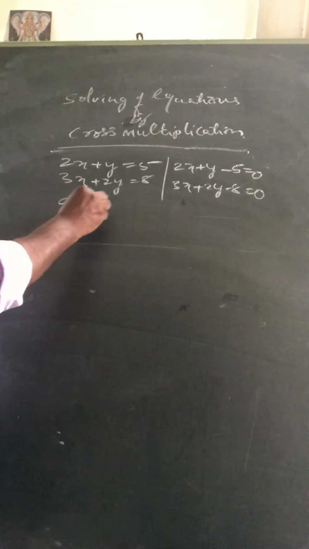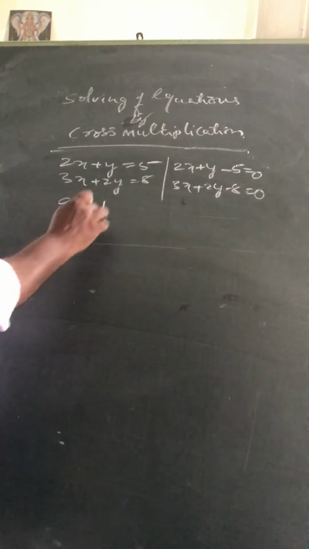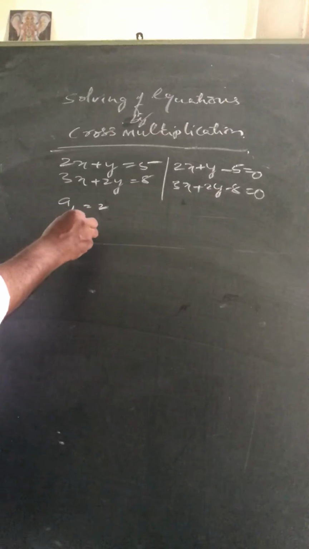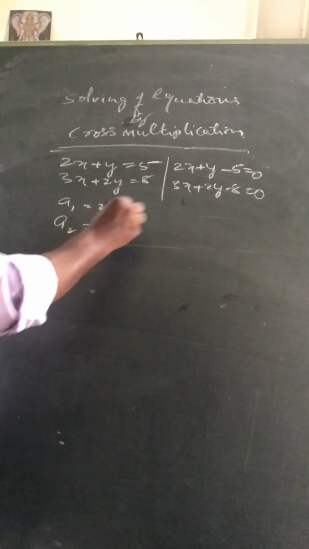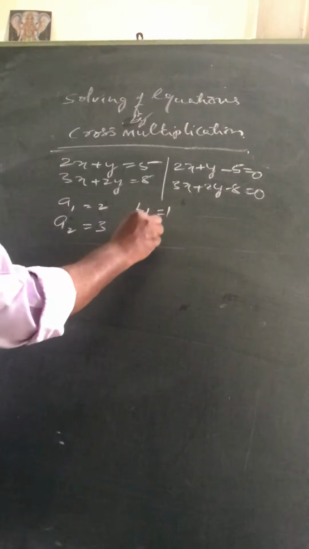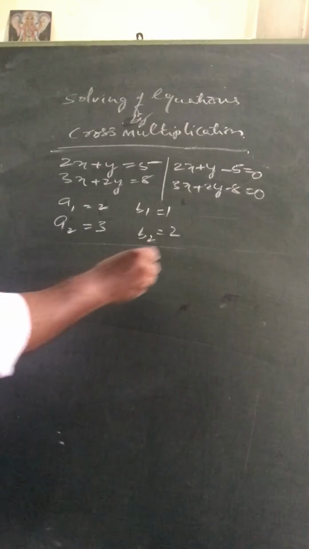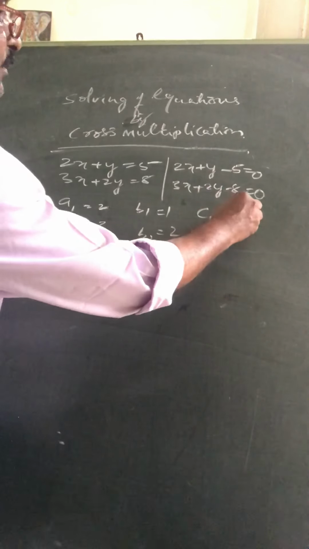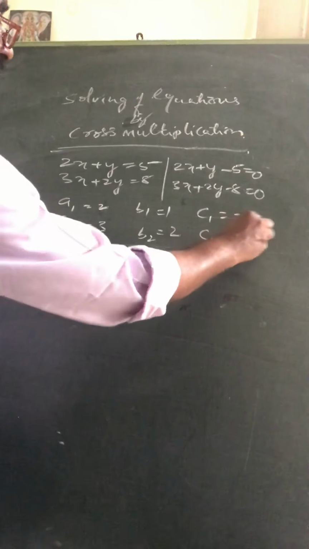a1 is how much? 2. a2 is 3. b1 is 1. b2 is 2. c1 is minus 5. c2 is minus 8.